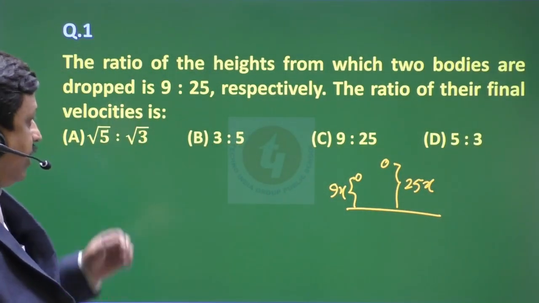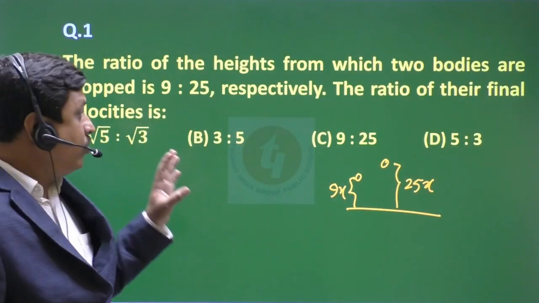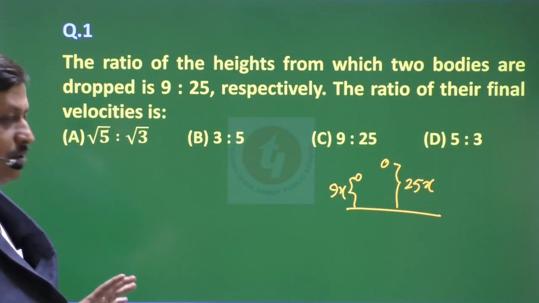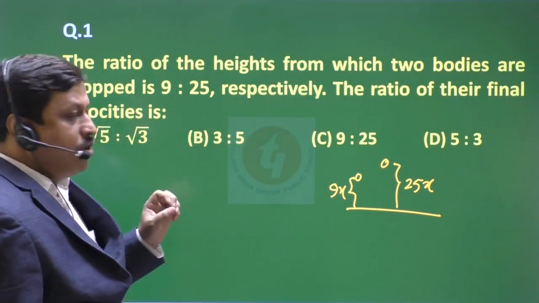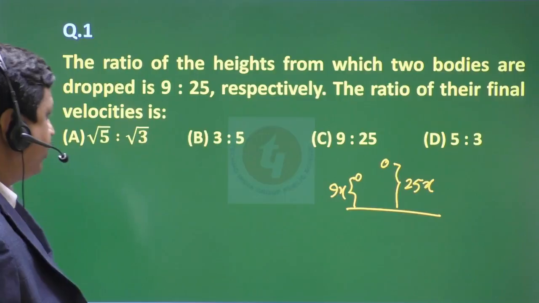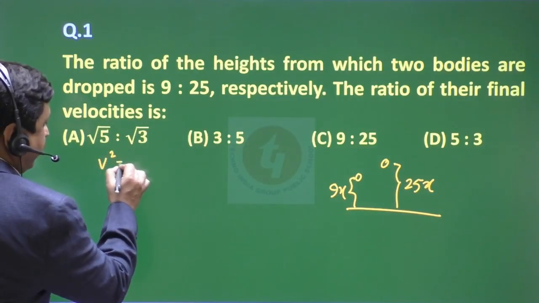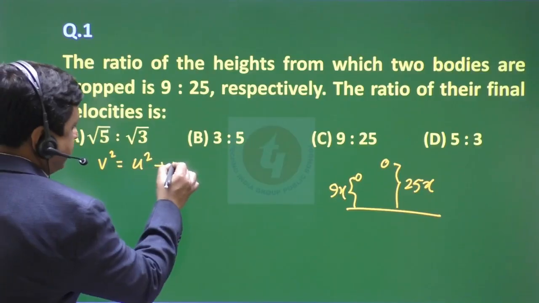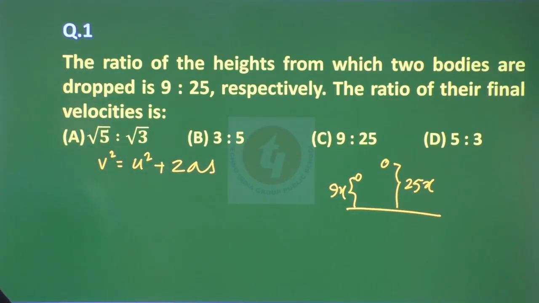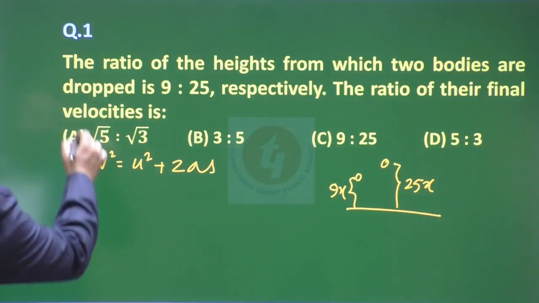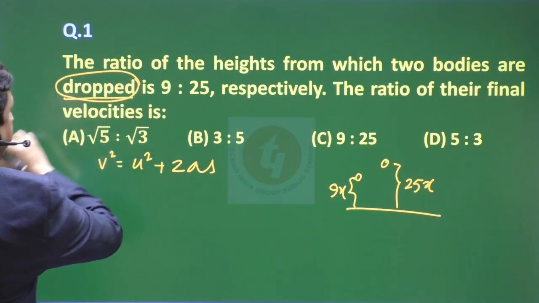You have to notice that there is no time function, right? Time is not given, so we have to put the equation, obviously v square equals u square plus 2as. And two bodies are dropped. This is a very important term, dropped.